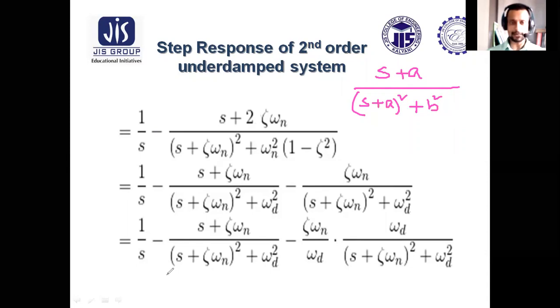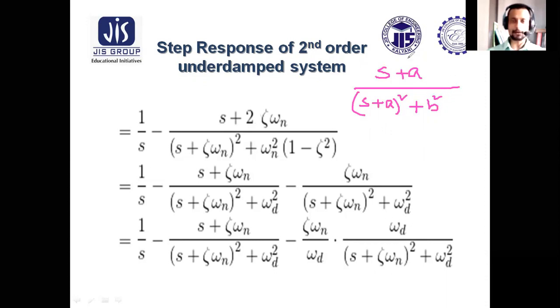As in the denominator, (s plus zeta omega n) whole square is there, zeta omega n can be considered as a. So (s plus a) whole square plus b square. So s plus zeta omega n, that is s plus a, will give us this term. So in order to perform inverse Laplace transformation, we have taken all these extra, we have subtracted sometimes, we have divided sometimes, so as to get this form.